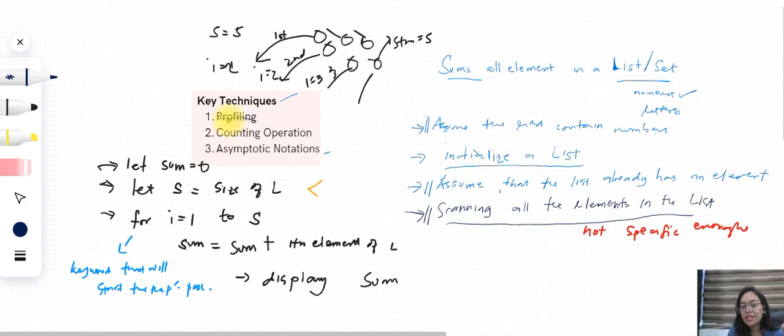But if you're going to be creating an algorithm that is general for all, that can be executed across different devices, then profiling is not a technique for identifying how efficient your code is. Another is the counting operation.